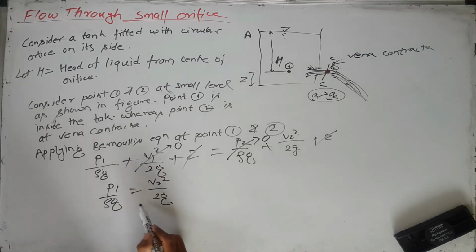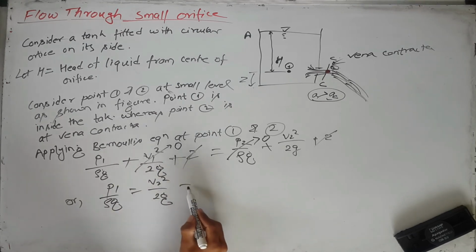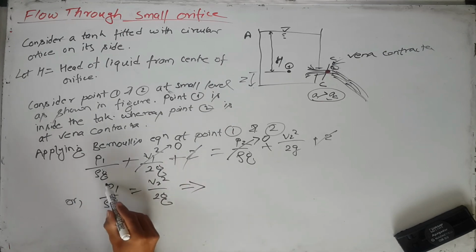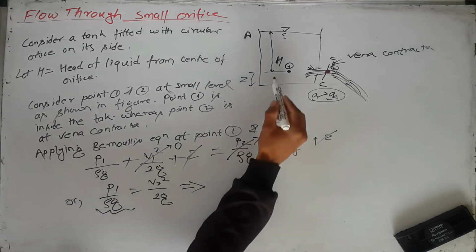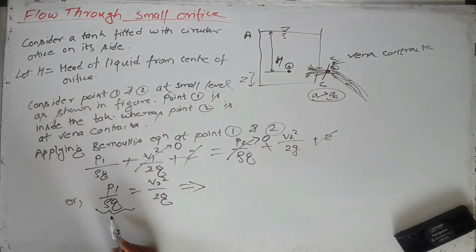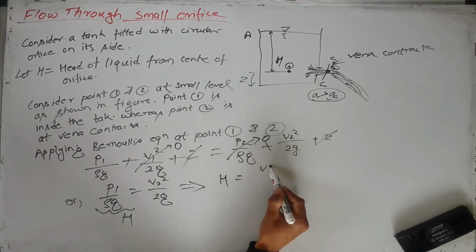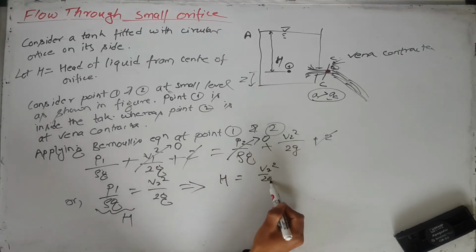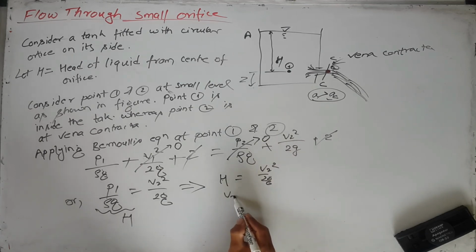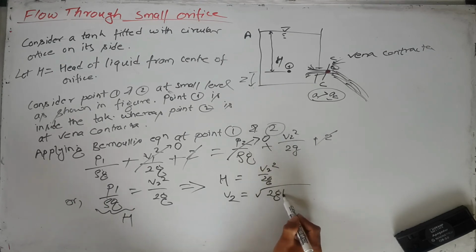We have P1 upon rho g equal to V2 square upon 2g. But P1 upon rho g is the head from the free surface to this point, so we can write P1 upon rho g is equal to H. So we have H equal to V2 square upon 2g, and V2 equal to root under 2gh.